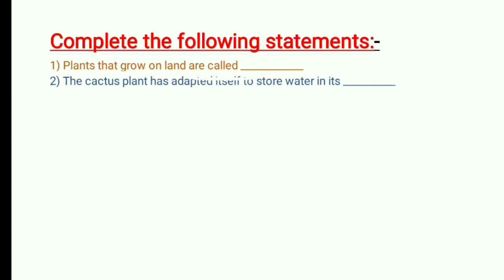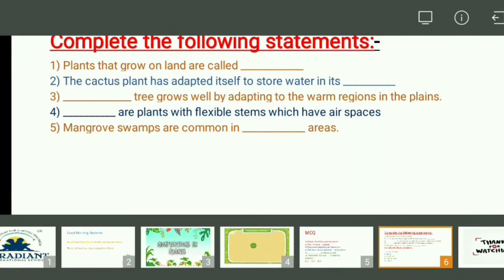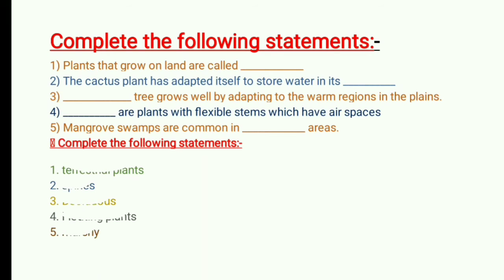Next, complete the following statements. In that, first, plants that grow on land are called, I already explained in this video, plants that grow on land, called which plant? Terrestrial plant. Second, the cactus plant has adapted itself to store water in its spines.